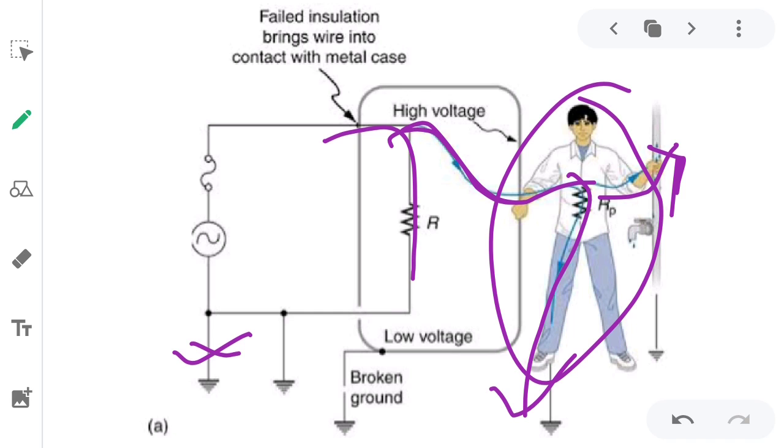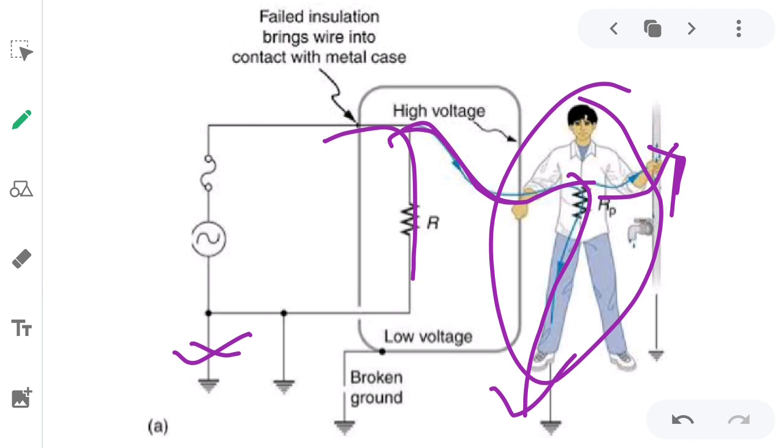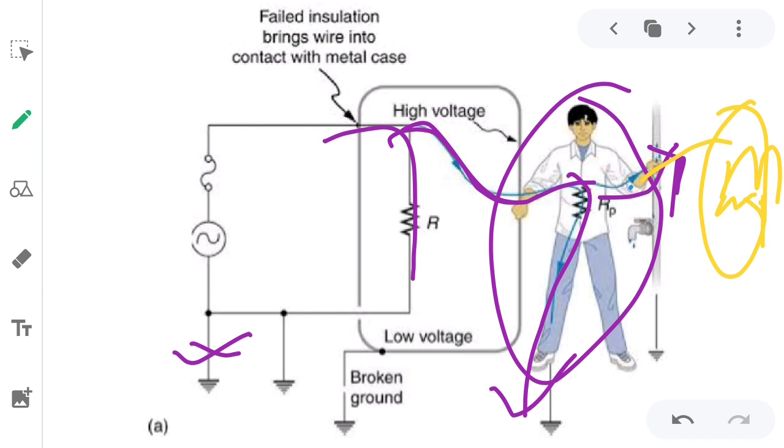If we connect another body to the live wire, like this ball, let us consider this one is also a metallic body, then current will flow to that body as well. So we can see that the current will start flowing in all directions so that we get shock.